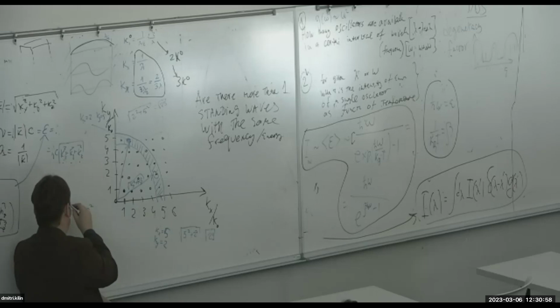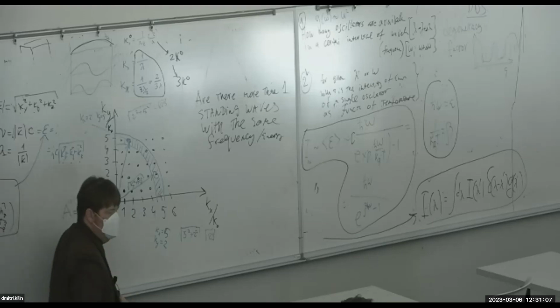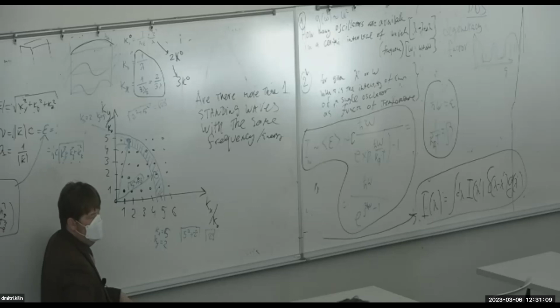So it's like 2D. If you have the same box in 3 dimensions, what is the volume of a sphere of a radius r? 4/3 pi r cubed. Okay. And if all x's have only positive values, then instead of quadrant, it will be octant.